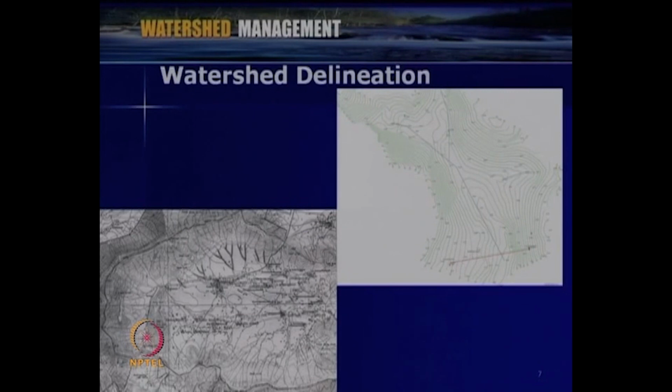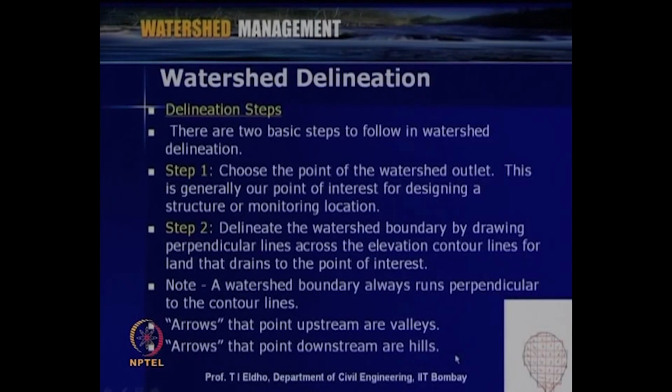Somewhere here is the outlet of the watershed. So, we can either manually delineate the watershed or use a sophisticated GIS package for the delineation. Generally the starting point is the topo sheet or topographic map, and then the contour intervals are identified. From that we can go ahead with the watershed delineation.